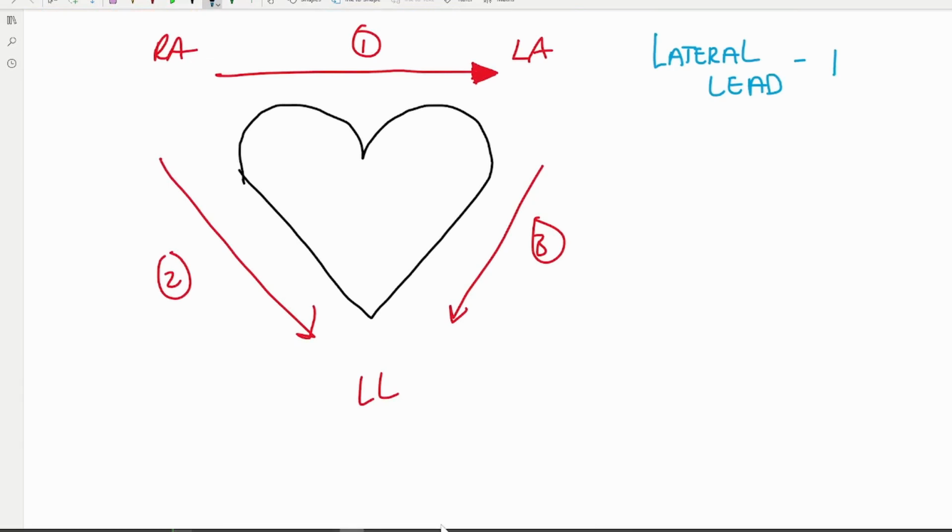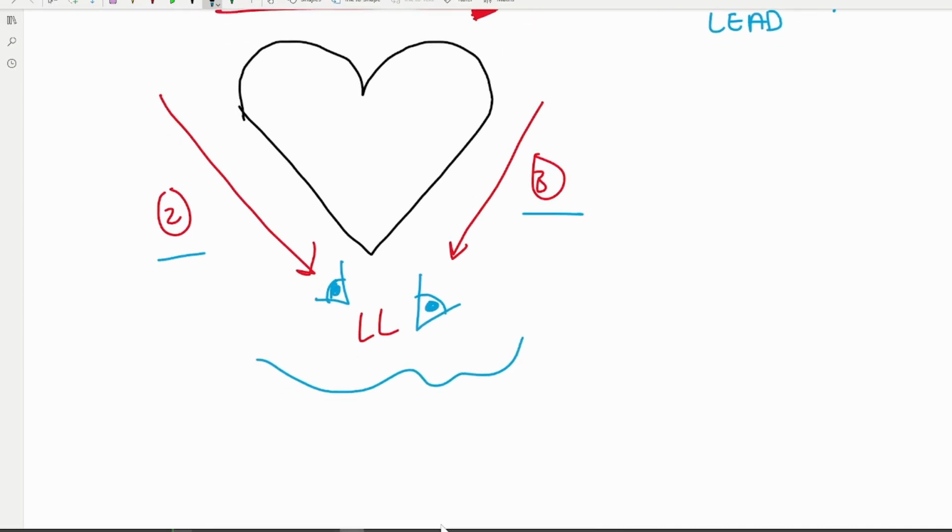Let's look at lead 2 and lead 3. Let's assign our eyeballs. Now the question is, where in the perspective of the eyeballs is the lead coming to? Well, both lead 2 and lead 3 seem to be going in the same sort of direction. And what is that direction? Inferior. Inferior to what?